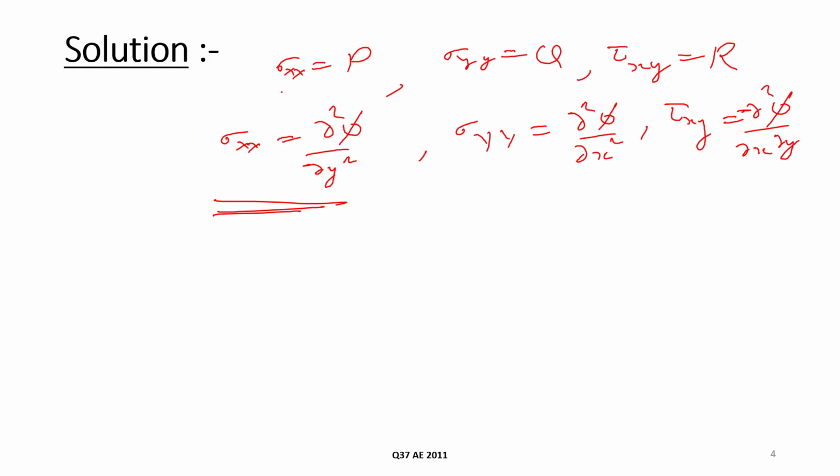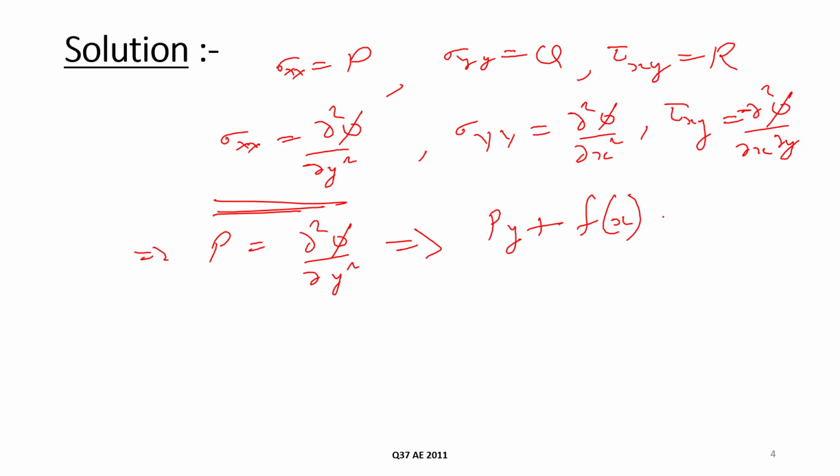Put the value of p, so we will get p equal to ∂²φ/∂y². We will integrate this equation one time, so we will get py plus a function of x equal to ∂φ/∂y.